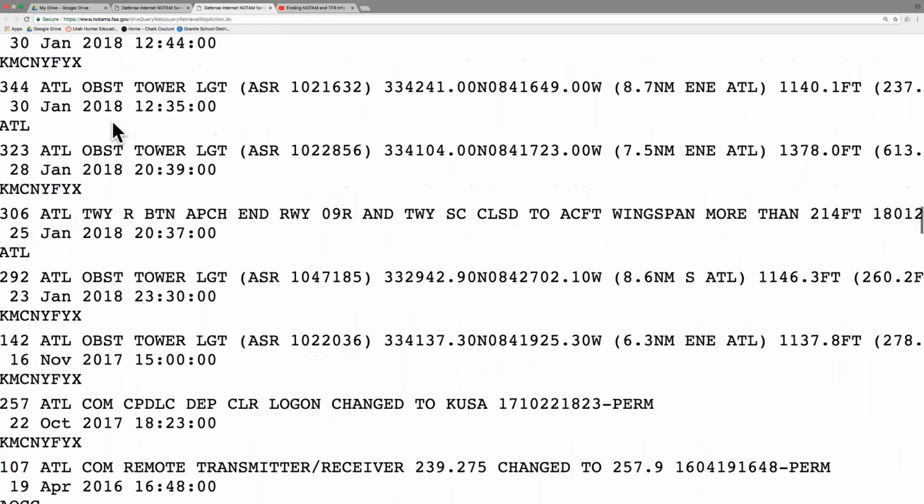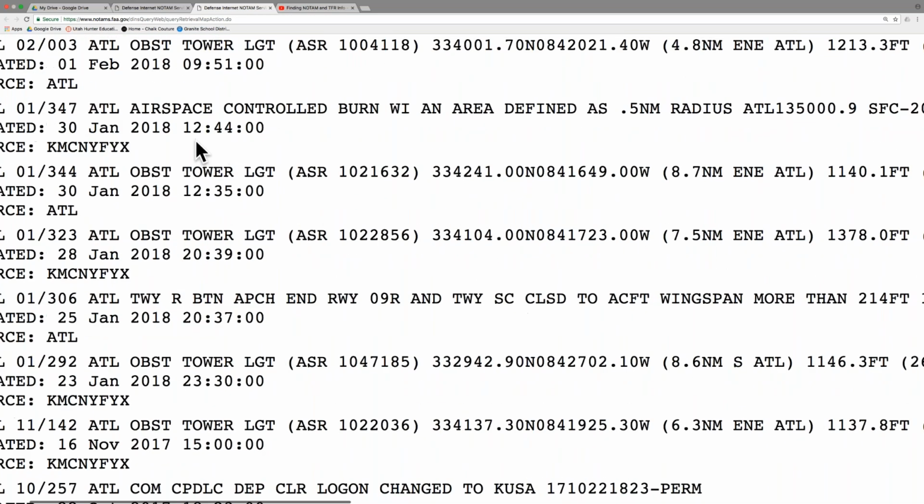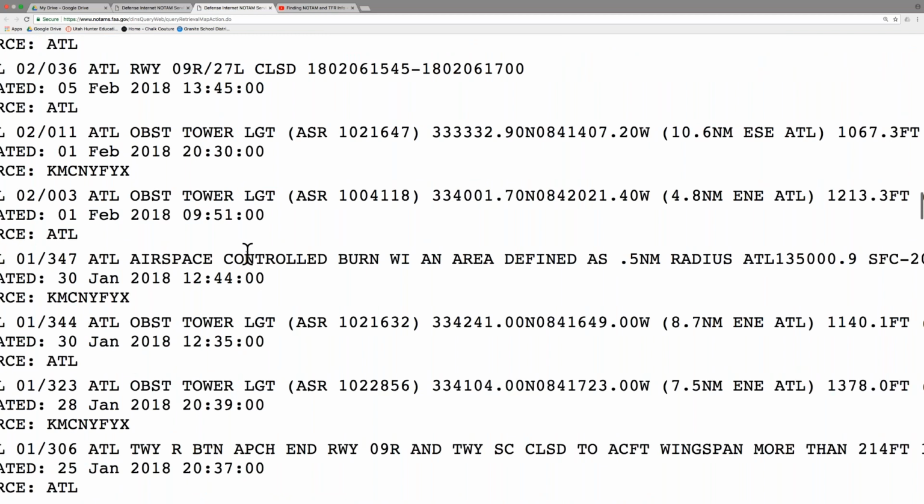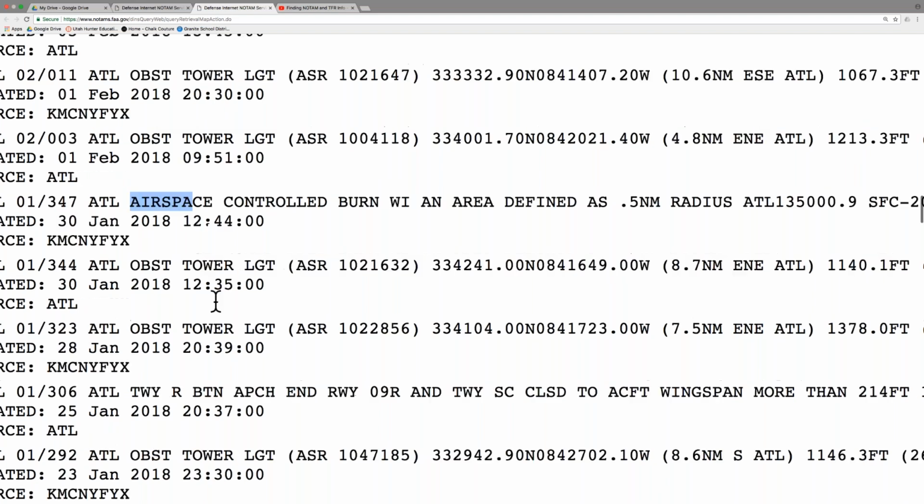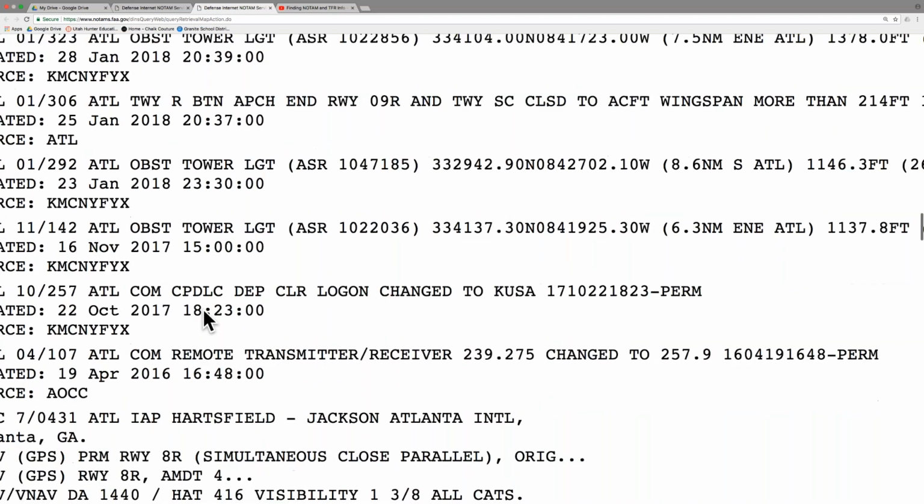If there's smoke or something of concern for dispatch, if it's reducing the visibility at the airport, that will be shown in our METAR, and will be something we address at that point in time. It's not something that would be a big concern to us when we're going through our NOTAMs. So airspace is another one that we can just quickly scan over and keep moving.